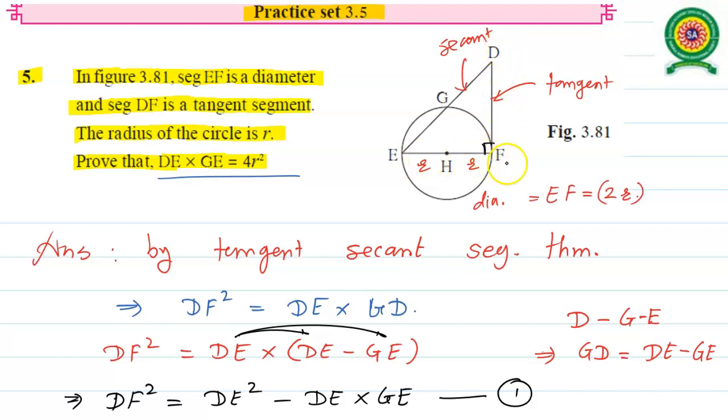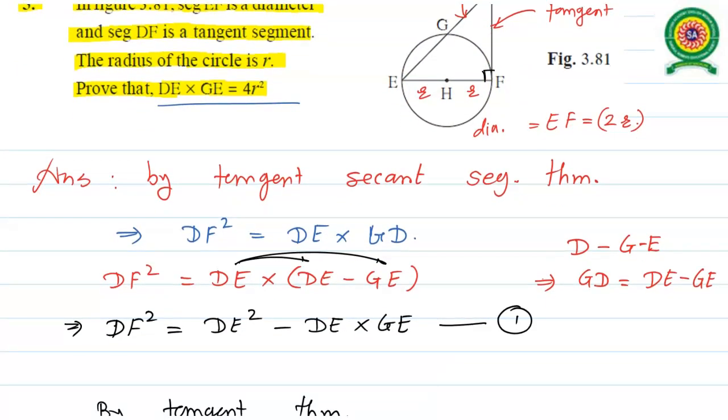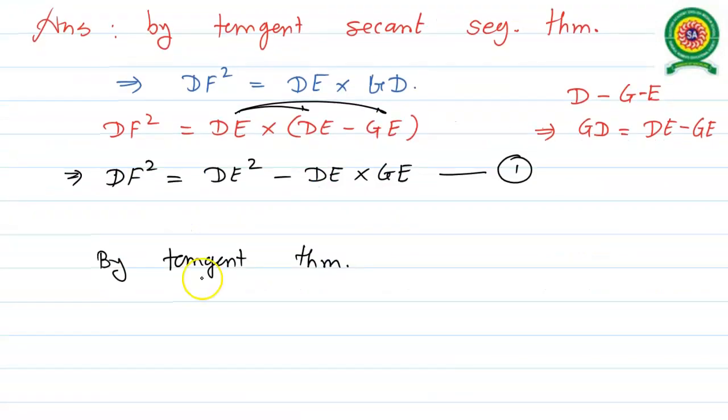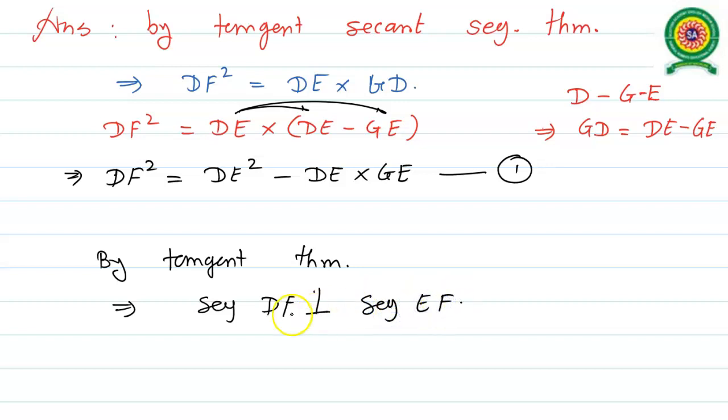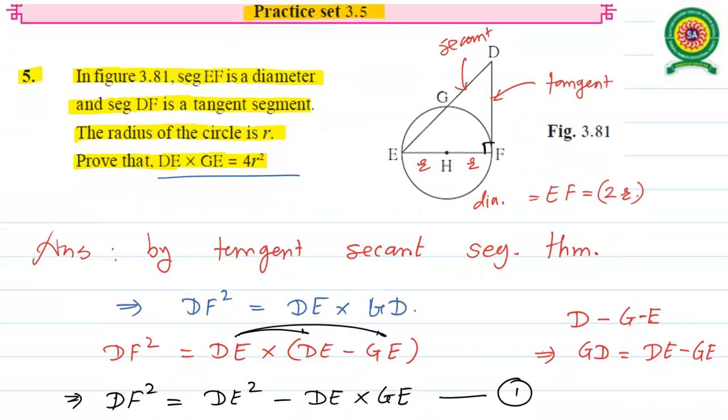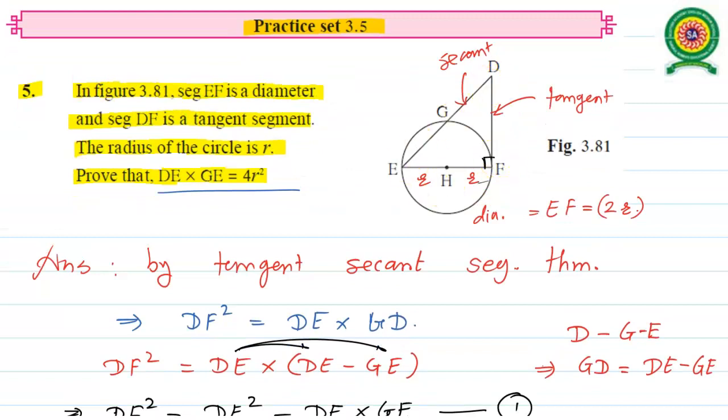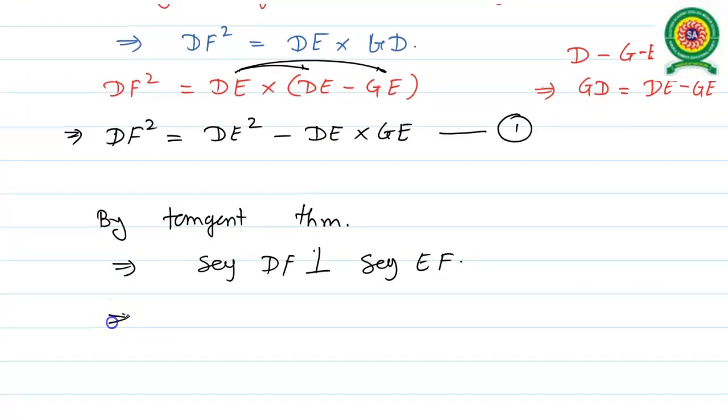That means DF is perpendicular to EF. So that implies segment DF is perpendicular to the diameter of the circle, that is segment EF. And once they are perpendicular, look at the triangle now. DEF is a right angle triangle.